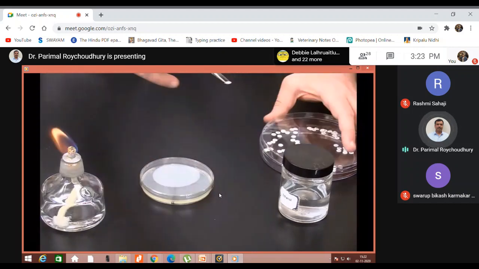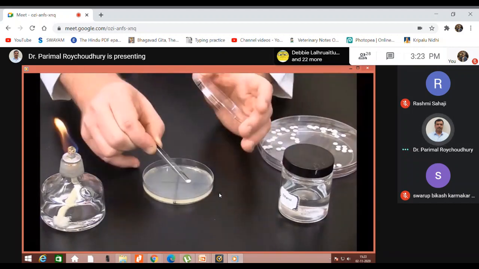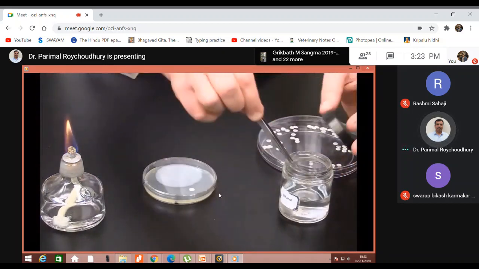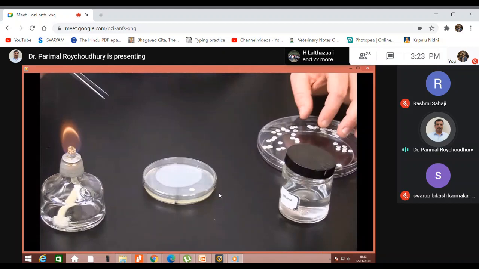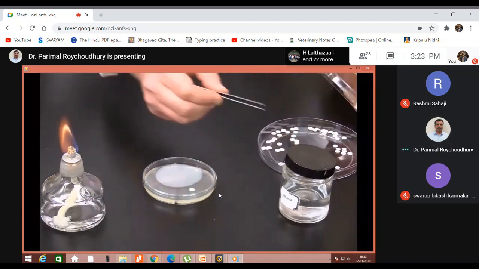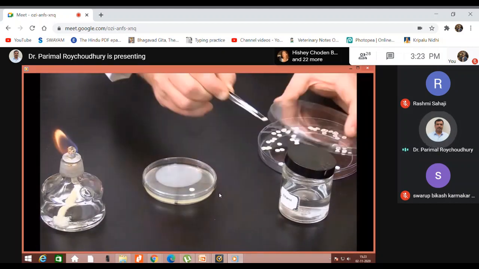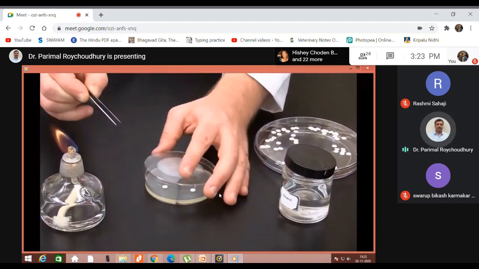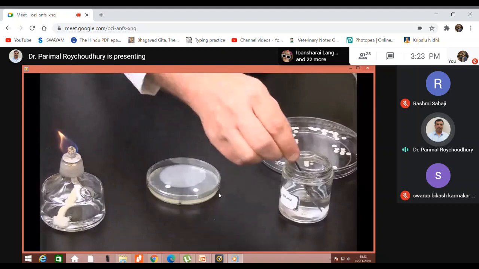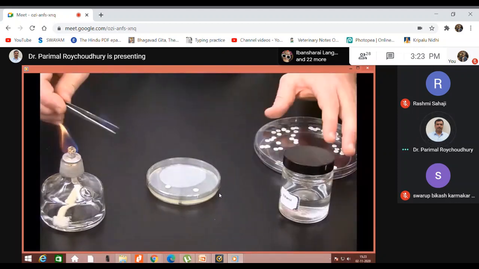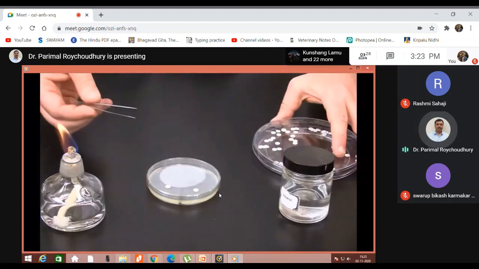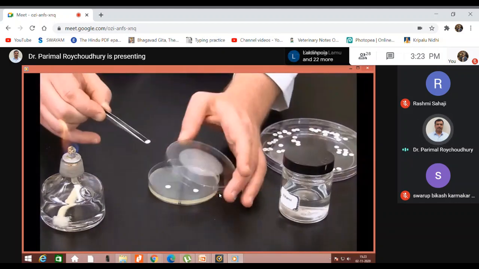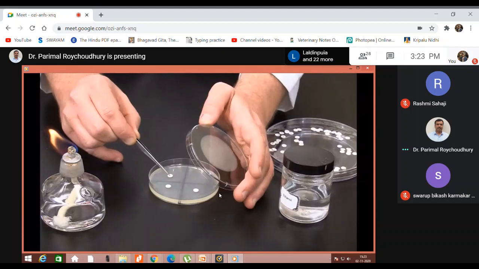So one by one, this antibiotic. These are paper discs soaked in antibiotic solution. Every time he's sterilizing the forceps, and then picking up the antibiotic disc and placing it in a different location. Because the media surface is wet in nature, this will stick to the surface.